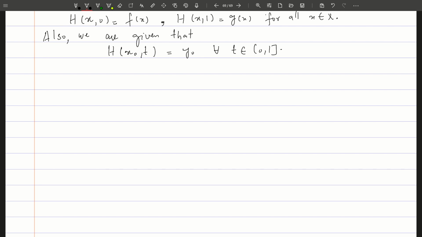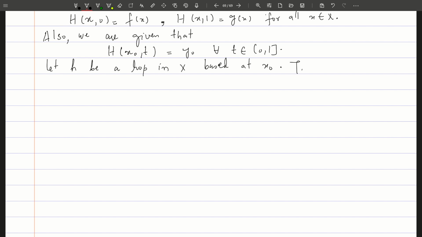So if we consider a loop, so let h be a loop in X based at x naught. To prove the homomorphisms f star and g star are equal, we will prove f star of the homotopy class of h is the same as g star of the homotopy class of h.